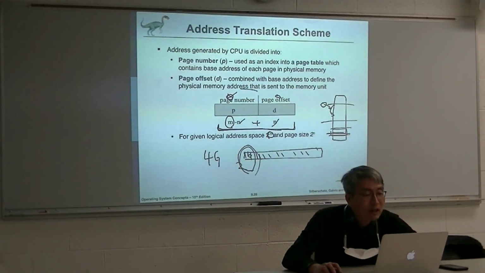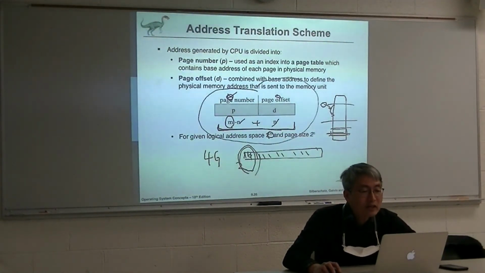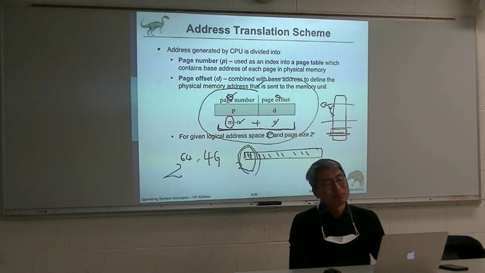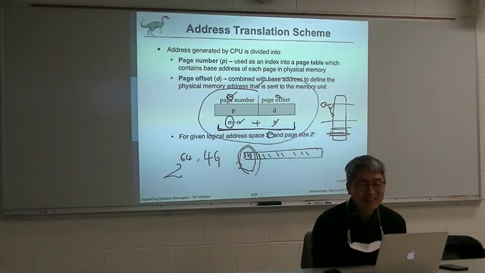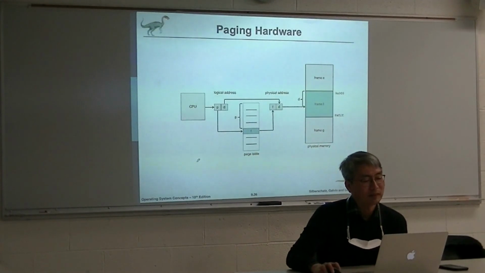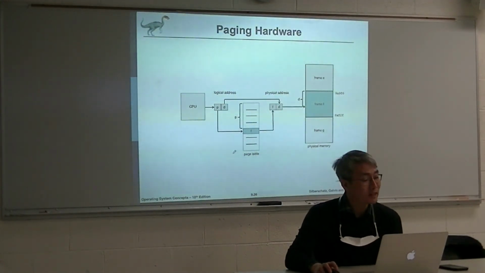Same thing on your memory: m is determined by your processing unit. However, 2 to the power of 64 is really big, so practically no limitation. That's what we are saying. So the address format used in memory is determined by the processing unit. So this is an overview of the paging hardware.